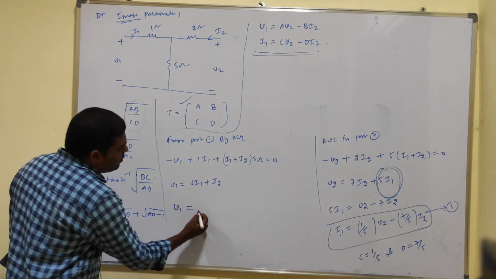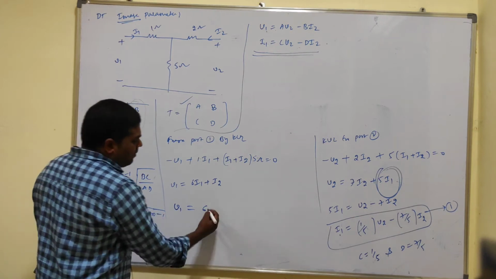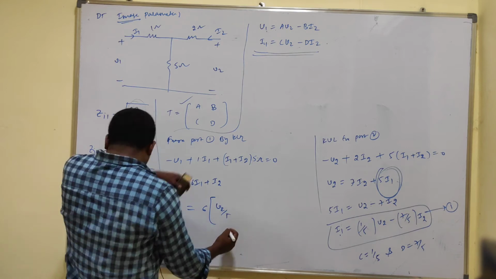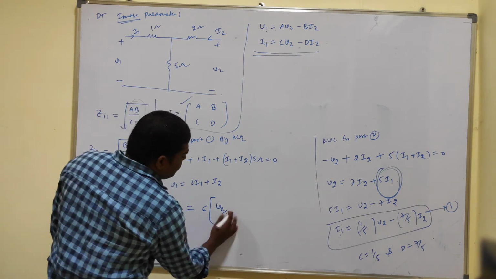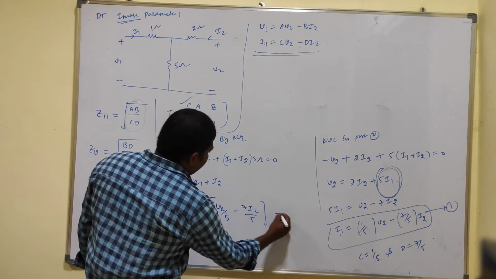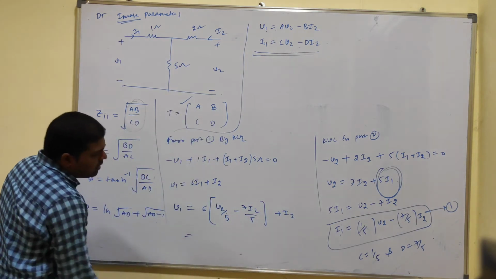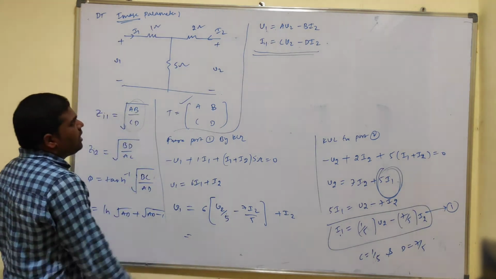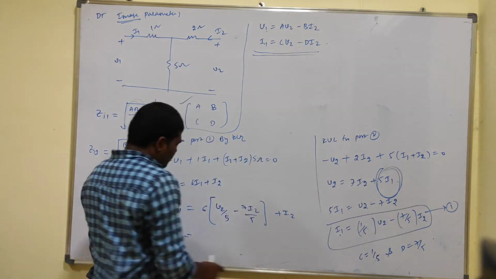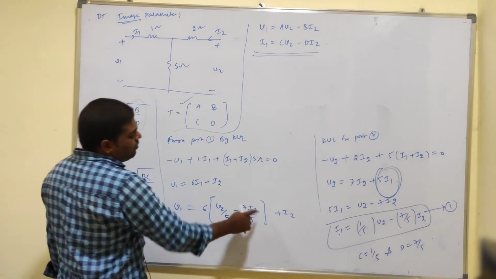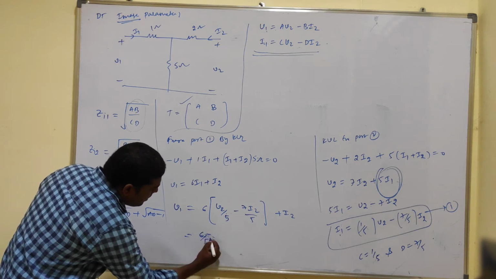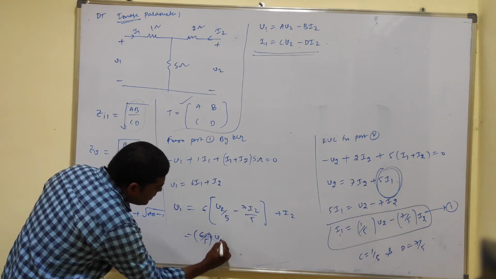Now V1 equals 6 into I1, which is V2 by 5 minus 7I2 by 5, plus I2. Our equation should be in terms of V2 and I2, so V1 equals AV2 minus BI2. Now you will get 6 by 5 V2.